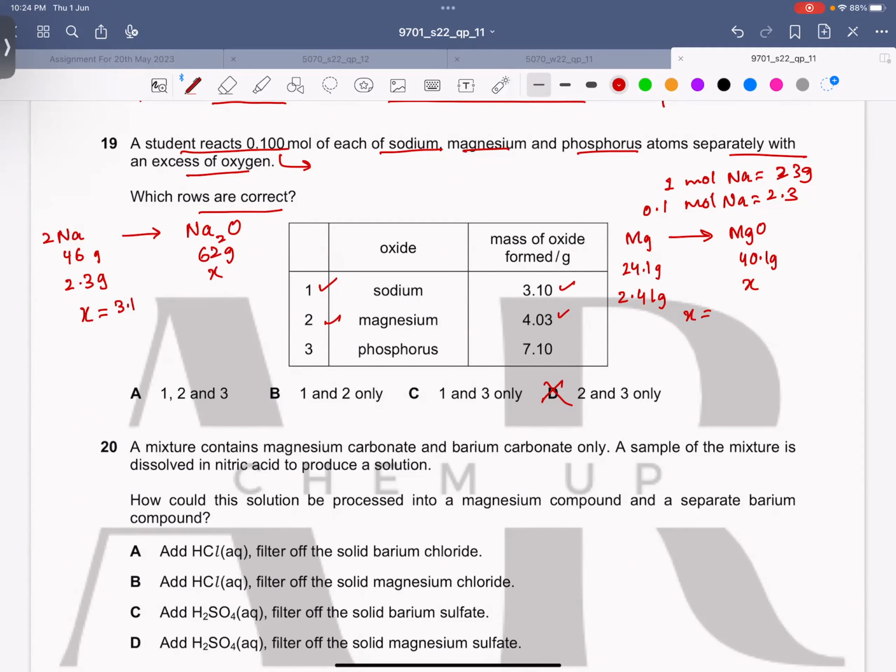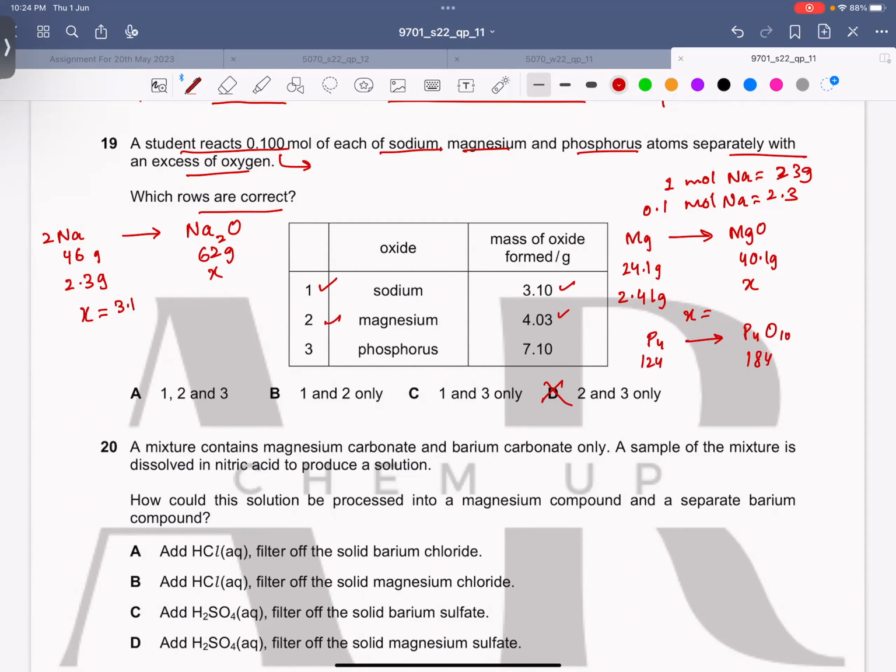Now, phosphorus. P4O10, right? So it goes 4 times 31, so 124 gram is giving you 124 plus 160, 284 gram.